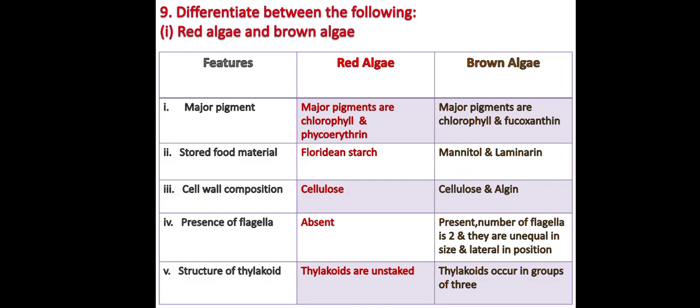Fourth feature, presence of flagella: absent for red algae and present for brown algae, and the number of flagella is 2, and they are unequal in size and lateral in position. Fifth feature, structure of thylakoid. Thylakoids are unstacked for red algae, and thylakoids occur in groups of 3 for brown algae.